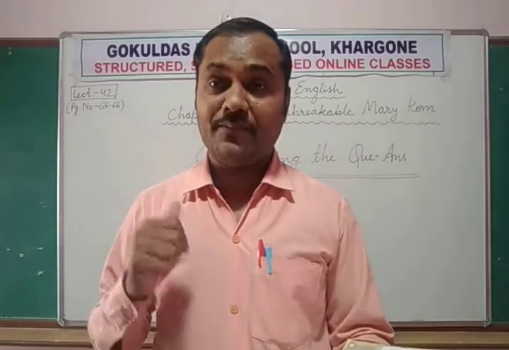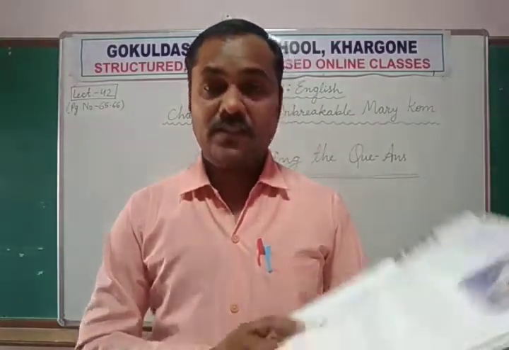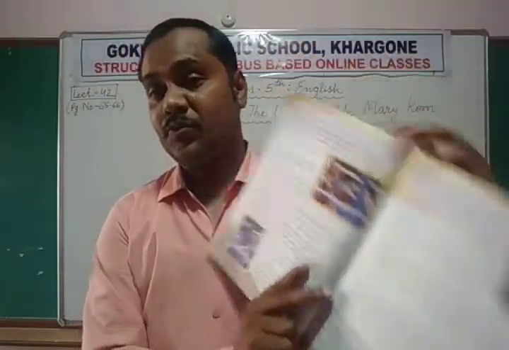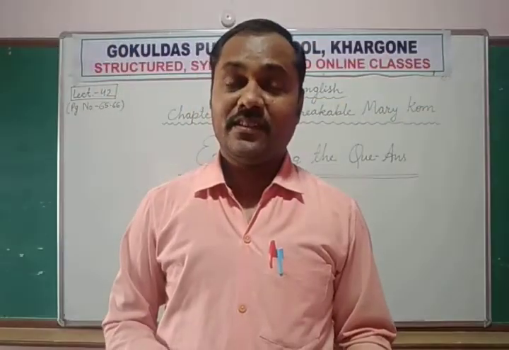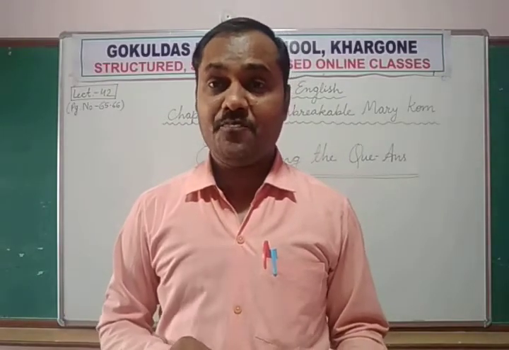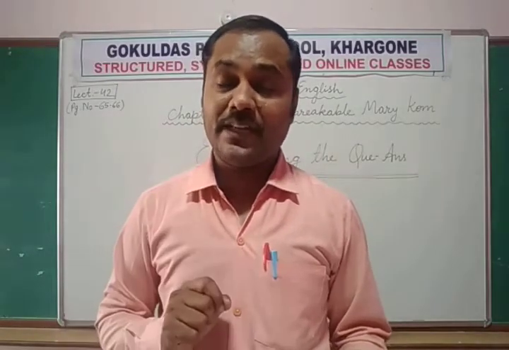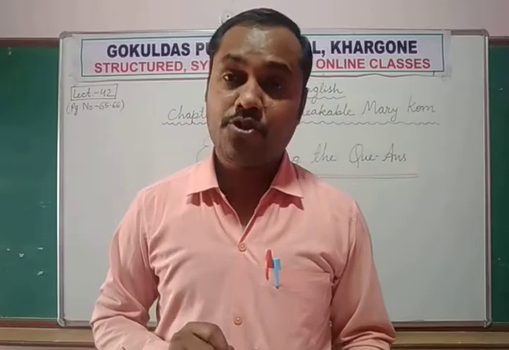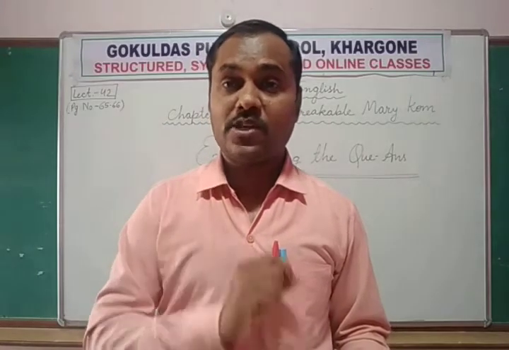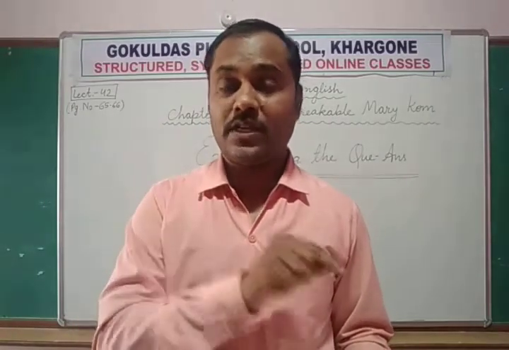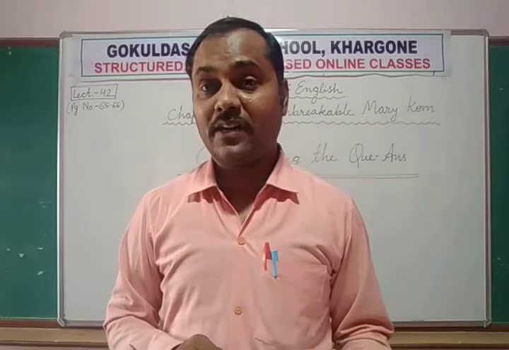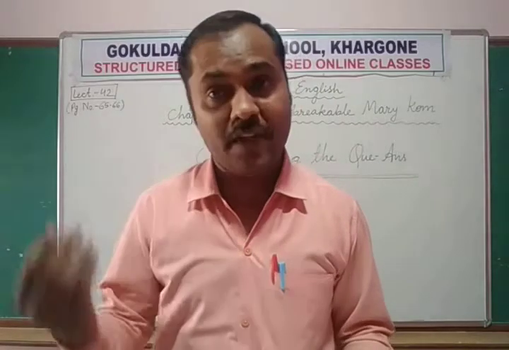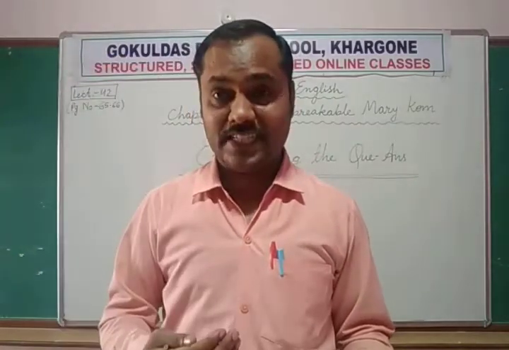So come to page number 65. On page number 65, we have MCQ. What is MCQ? M means multiple, C means choice, Q means questions. Multiple choice questions means you are given 3 or 4 or 5 options, choices.